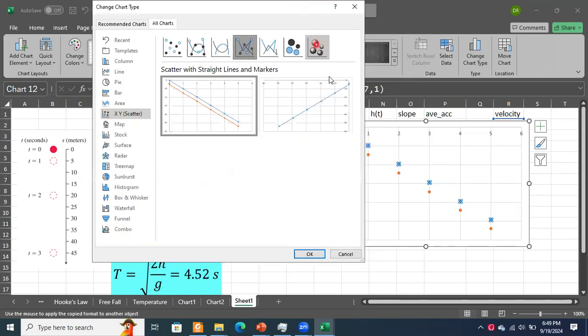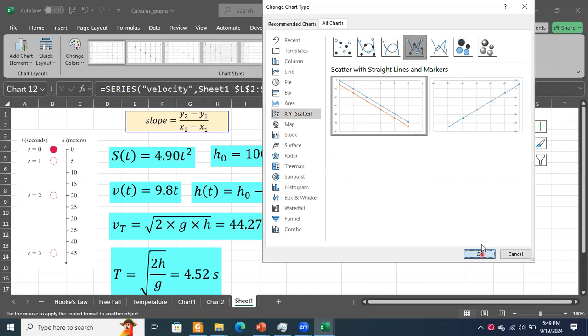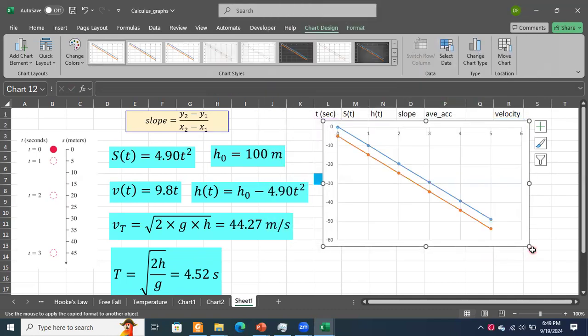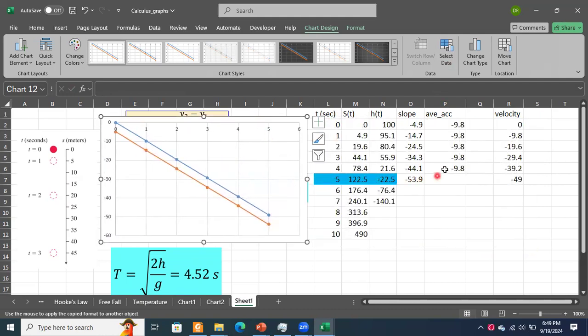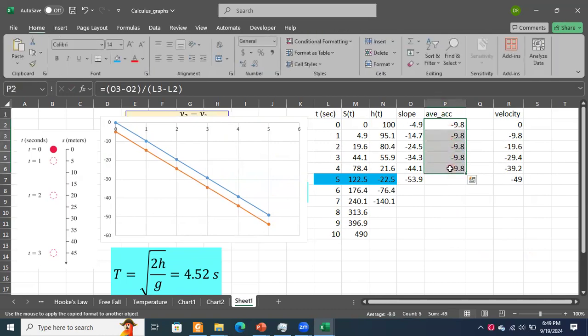And with this, we find a very nice result that the two lines are parallel, and the parallel lines share the same slope value, which is apparent in the average acceleration calculation.